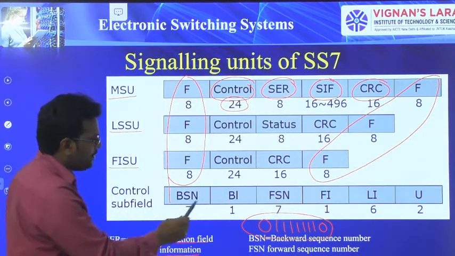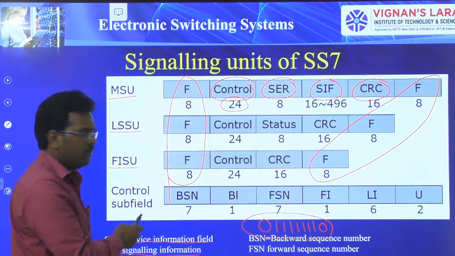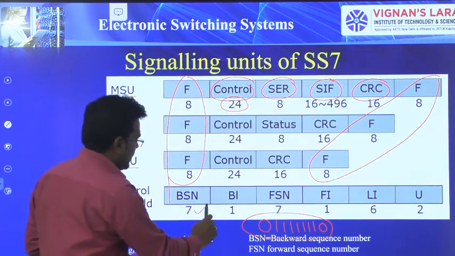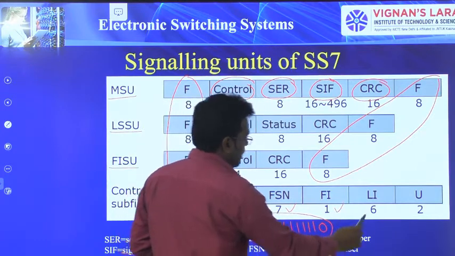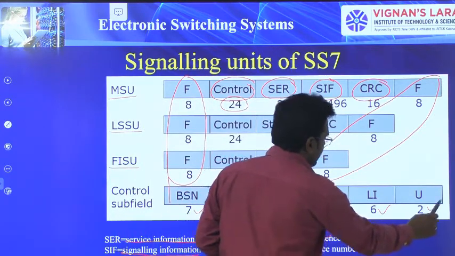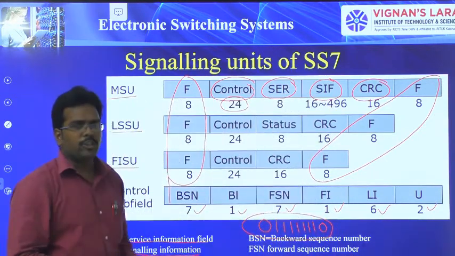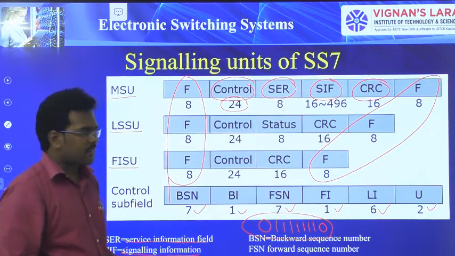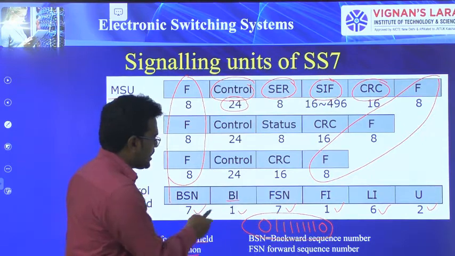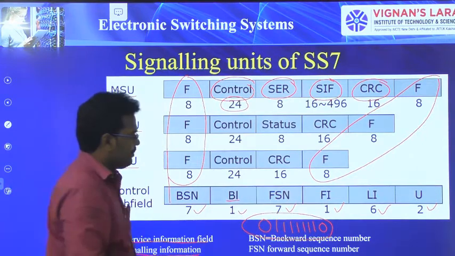It contains 6 different fields in the control field: BSN, BI, FSN, FI, LI and U. U means unused bits. BSN stands for backward sequence number, and BI for backward indicator.